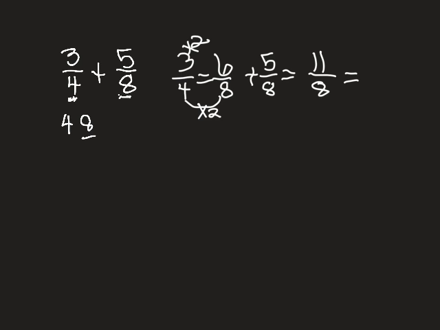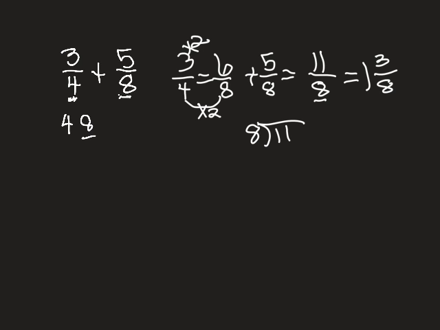I keep the denominator the same, and I add 6 plus 5, which is 11. Okay, now I can work this out and do 11 divided by 8, or I know that 8 will go into 11 only one time. 11 minus 8 is 3, and I keep the denominator the same.